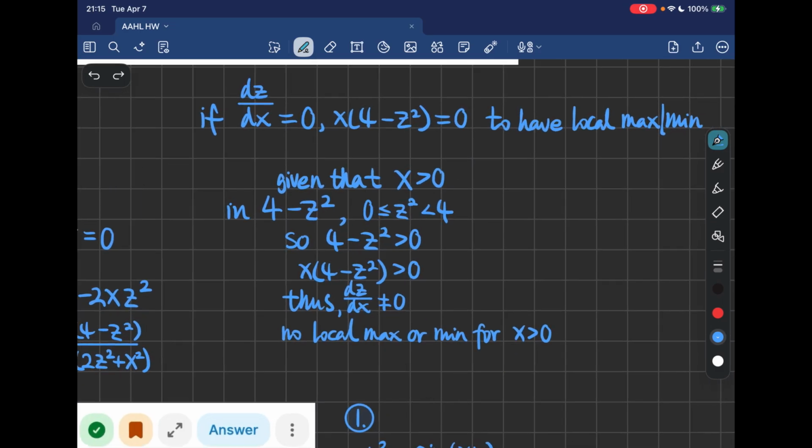So actually, d squared is positive and it's smaller than 4, so 4 minus d squared must be greater than 0. That means this whole thing is greater than 0 and thus not equaling to 0, so the derivative cannot be 0 in this case, and thus no local max or minimum.